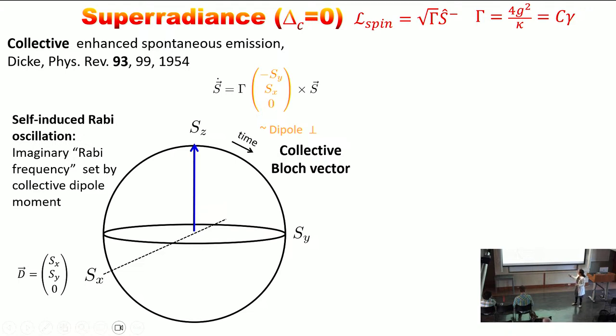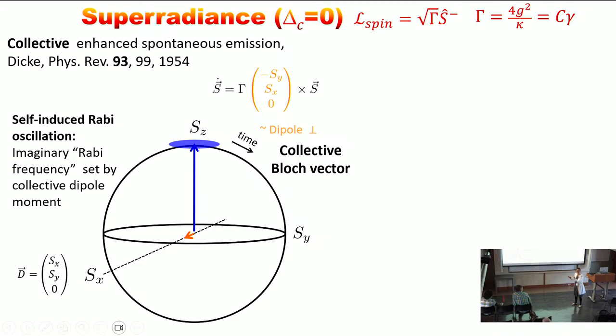So basically what happens is that, for example, if I start all the atoms pointing along the Z direction, then of course there is no net dipole and there is no dynamics, but you can have a small quantum fluctuation that introduces a tiny dipole moment, for example along the Y direction, and therefore a perpendicular component along the X direction.